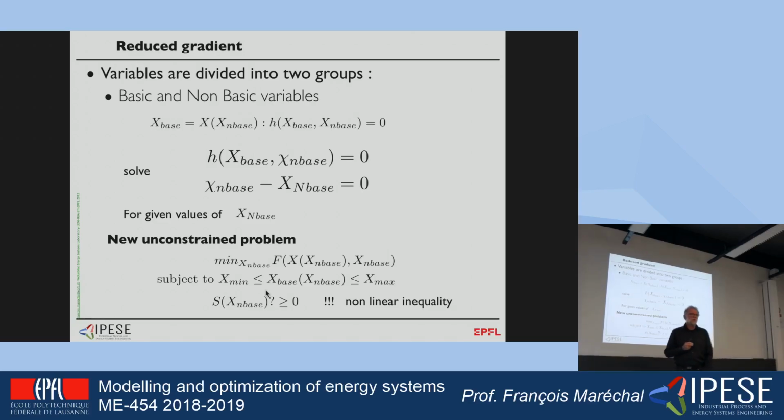This technique is known as the reduced gradient method. If you have already once solved an optimization problem in Excel, who has already tried to solve a problem in Excel? There are some functions. The Excel system is using this approach, the generalized reduced gradient method.